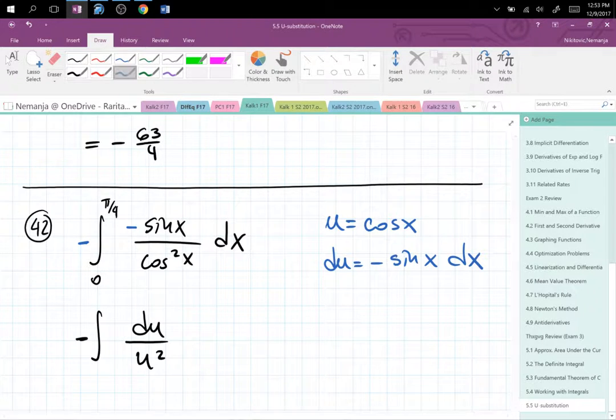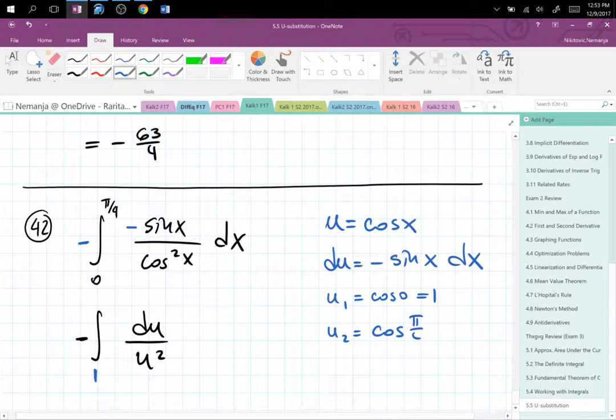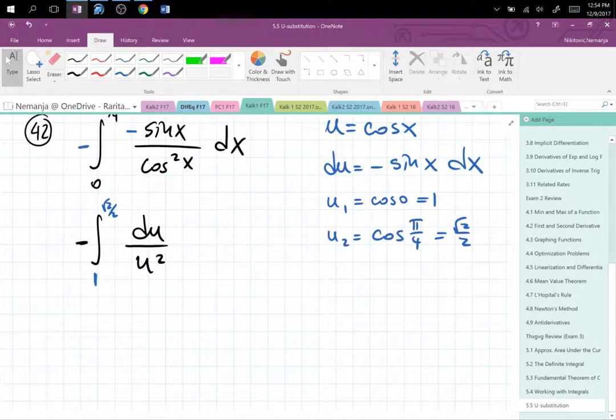And now I'm going to change the limits. So u1 is equal to cosine of 0, which is 1. So the bottom limit is 1. And u2 is cosine of pi over 4, which is root 2 over 2. And that's the top limit. Now, do you know that root 2 over 2 is smaller than 1?